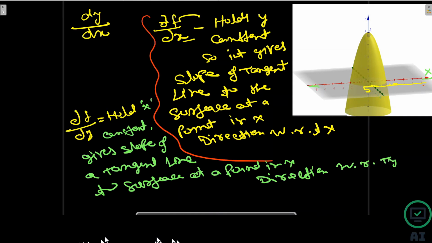With respect to y, you say del f by del y, and the actual meaning is that you are holding x as a constant. This will give you the slope of the tangent line to the surface at a point in the y direction, with respect to y.